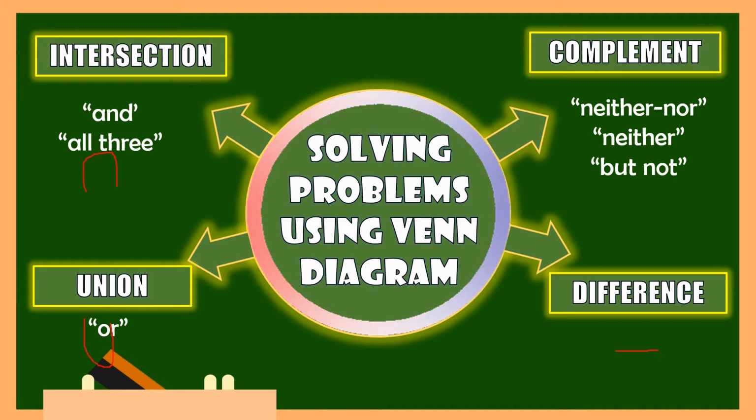So, ang key terms din na tatandaan nyo under yung difference is but not or only. So, para mas maintindihan nyo, mamaya may mga given examples tayo with the use of the given terms under intersection, complement, union, and difference.